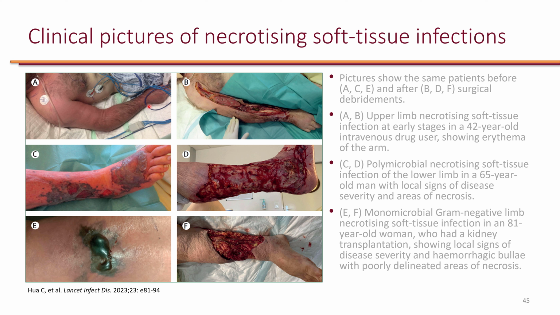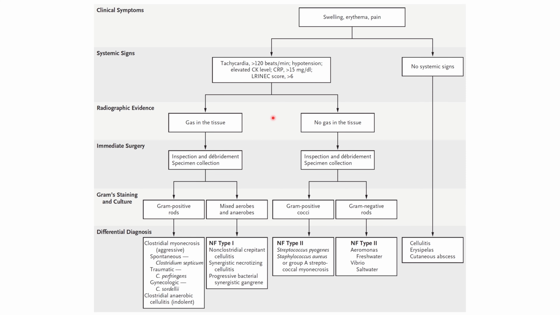And what's going on underneath, the necrosis is really happening underneath. So you can't really see immediately how severe it is until surgical evaluation. And of course, the end result is that once they have removed necrotic tissue and managed the source of infection, this is the final result, which is extremely severe.